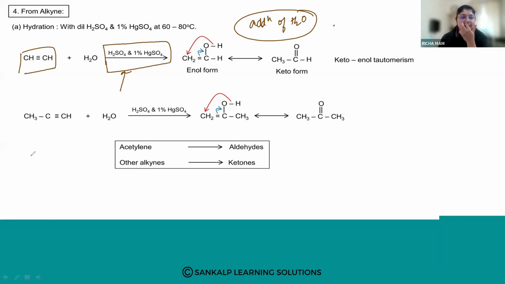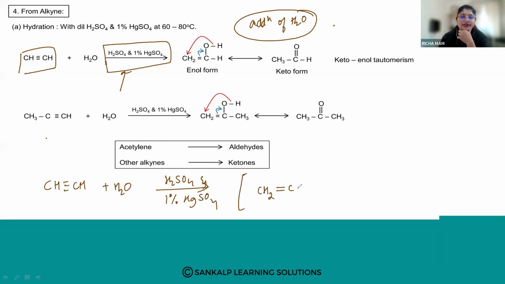So what we are doing here, we have taken CH triple bond CH. This is acetylene. When we add a water molecule in the presence of H2SO4 and 1% HgSO4, it will undergo a keto-enol system.